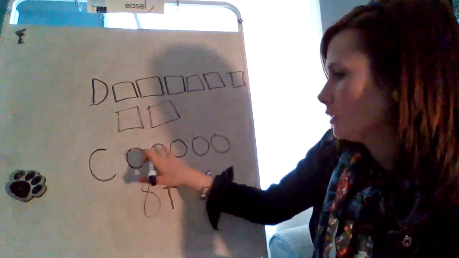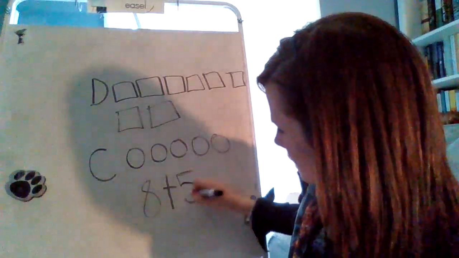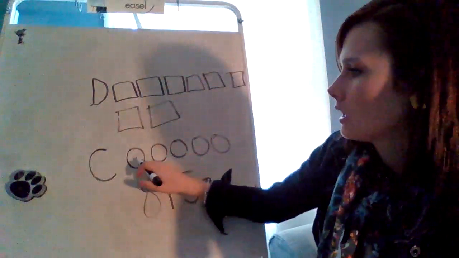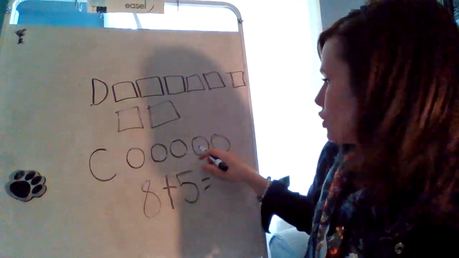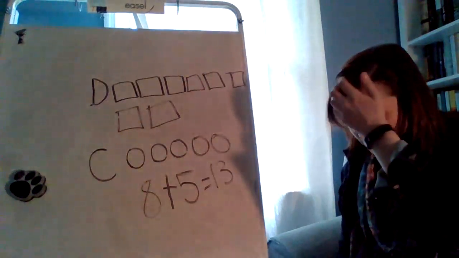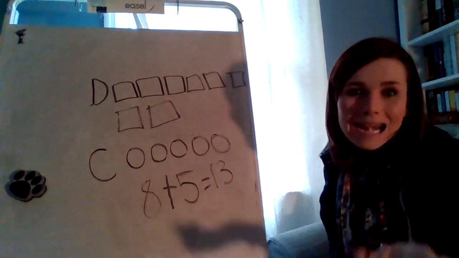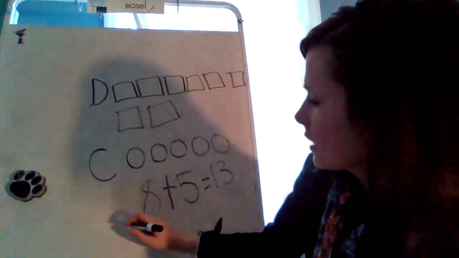Plus, how many? 1, 2, 3, 4, 5. Nice job. Let's count on, right? We have 8. What comes after 8? 9, 10, 11, 12, 13. How many clocks does Ben have? Ben has 13 clocks. So my statement would be, you'll see it here.